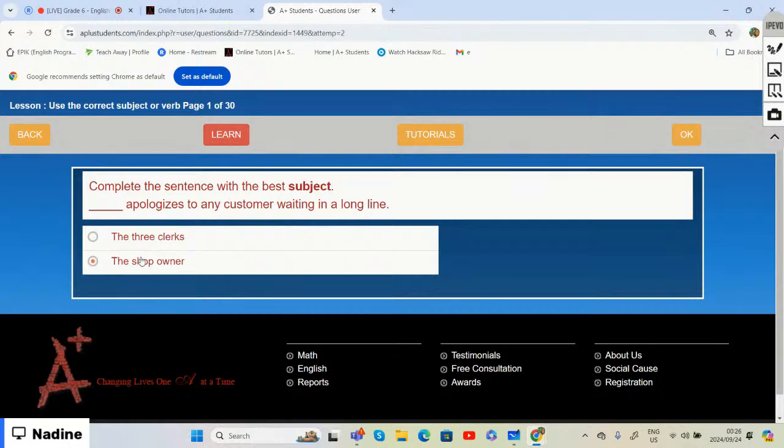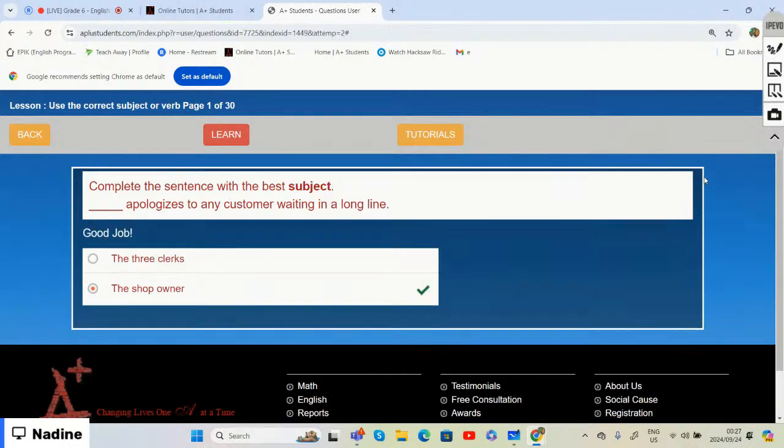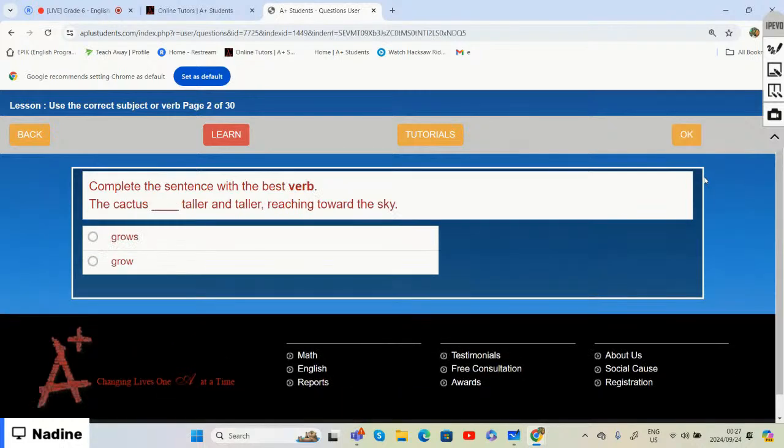Because remember, option two is one shop owner apologizes. So well done. Option two is correct. One shop owner apologizes. So one shop owner, and our verb ends with an S or ES. Well done.